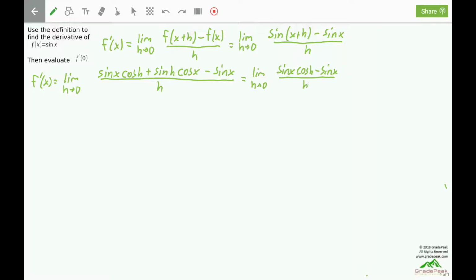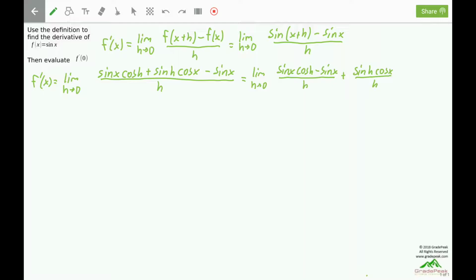Group those together. And then I also have a sine h cosine x, and all of that is over h. Now, each of these are 0 over 0. We haven't changed that just yet.